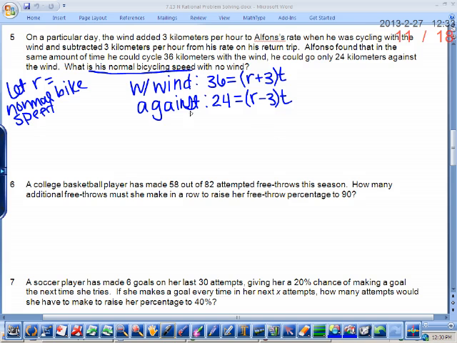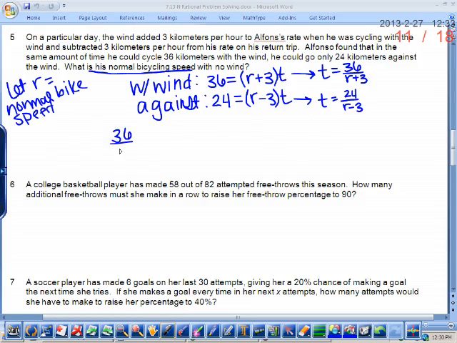Okay? All right, what do you think we're going to do from here? Solve them both for T. And then set them equal to each other. So this would be T equals 36 over R plus 3. This would be T equals 24 over R minus 3. And then we would set them equal.